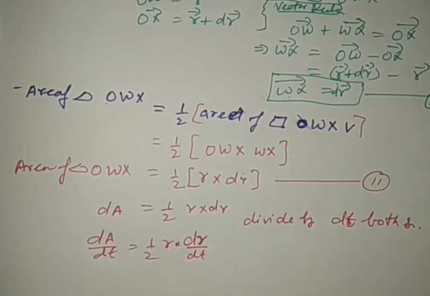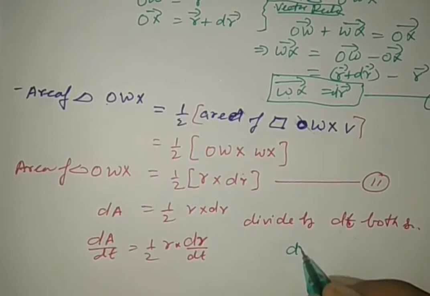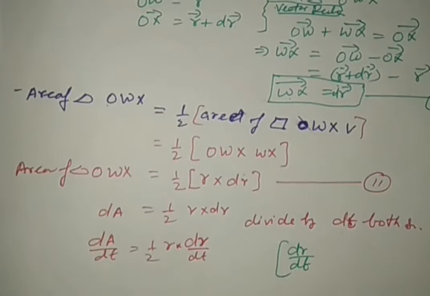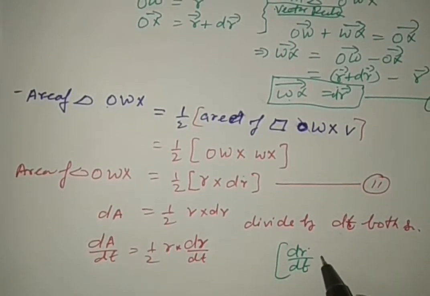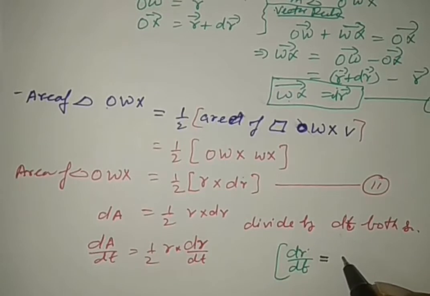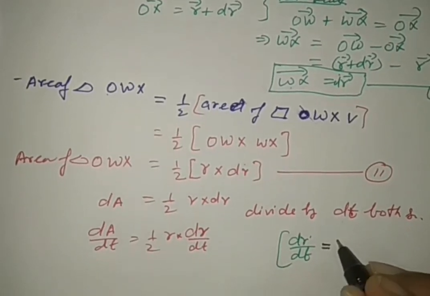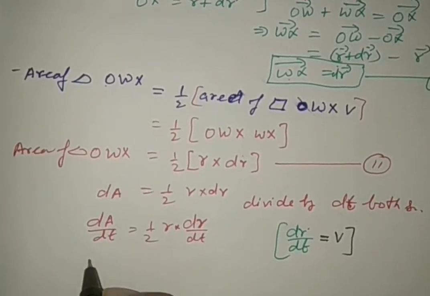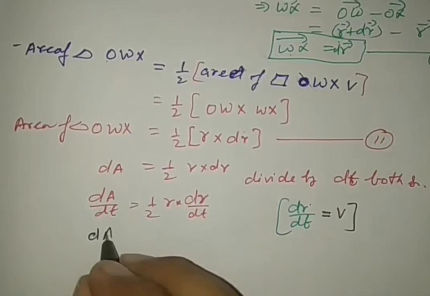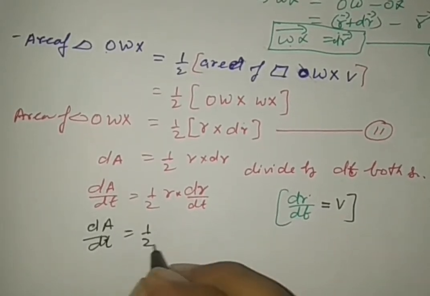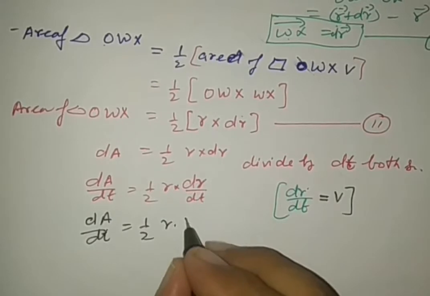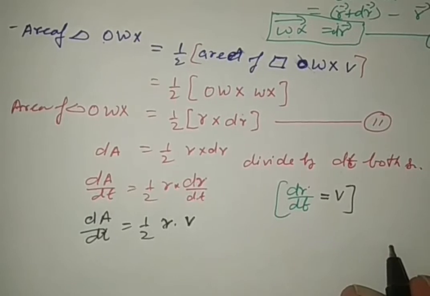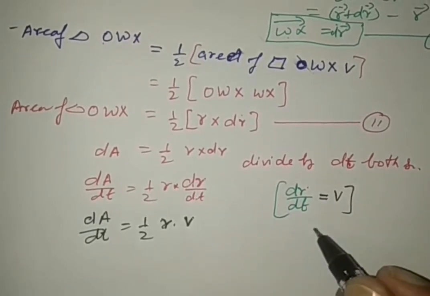See carefully, dr by dt is the rate of change of position vector with respect to time, that is, dx by dt, dy by dt, dz by dt. It is equal to velocity v.